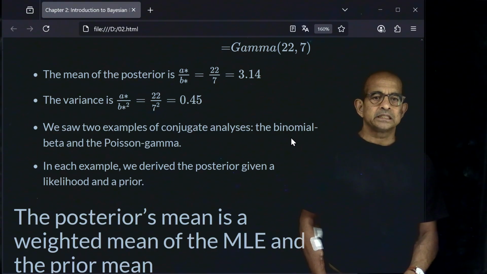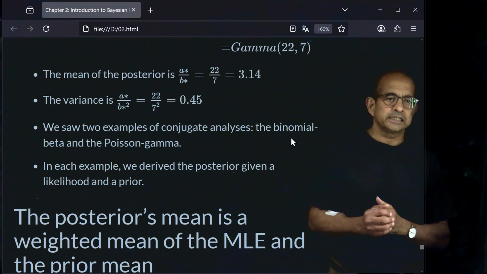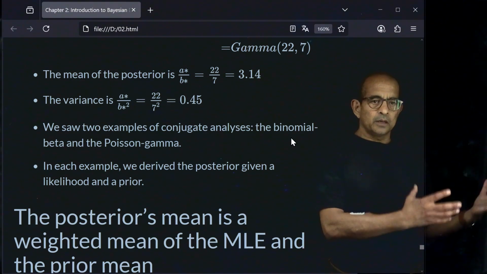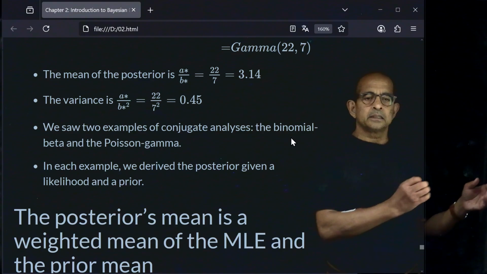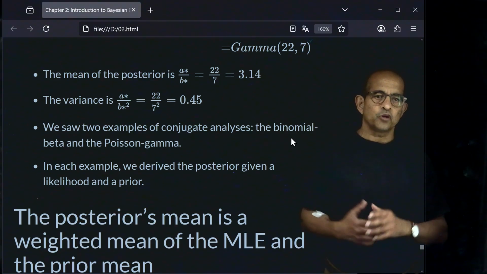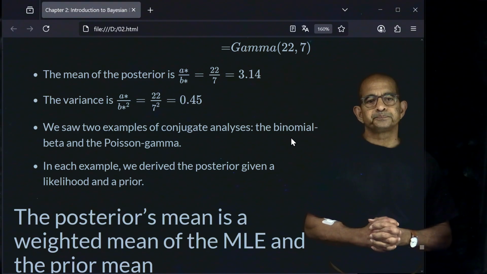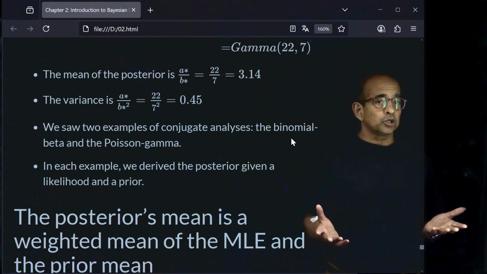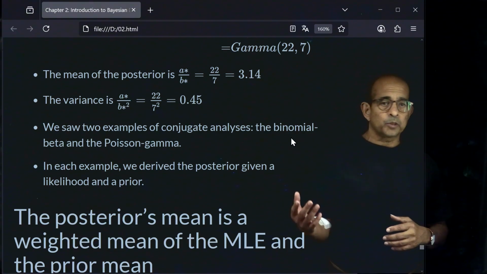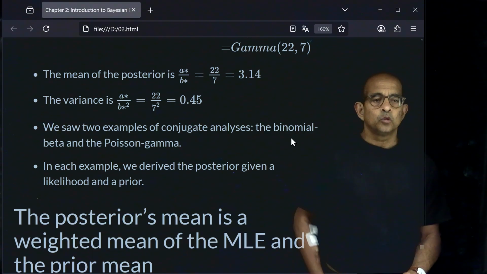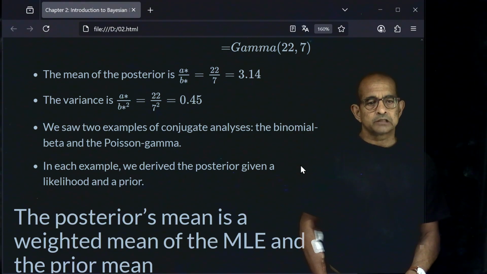So the beta-binomial case and the Poisson-gamma case will give you a posterior that has the same form as the prior on the respective parameter. There are other such conjugate cases too, and when I talk about Bayes factors, I will bring up one more. That will be in chapter 13.